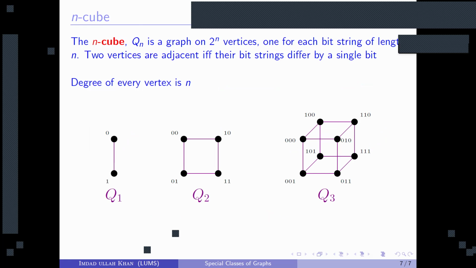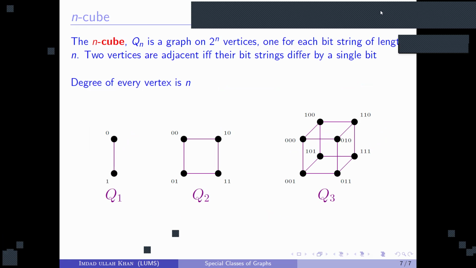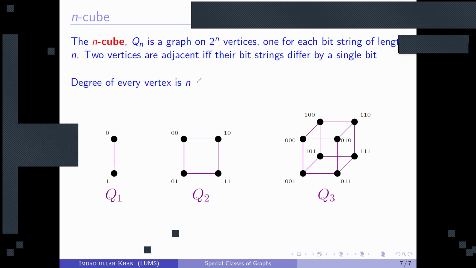Okay, this is a slightly different kind of graph. We've been given an n, and n is the length of a bit string. If n is 1, how many bit strings can we create?